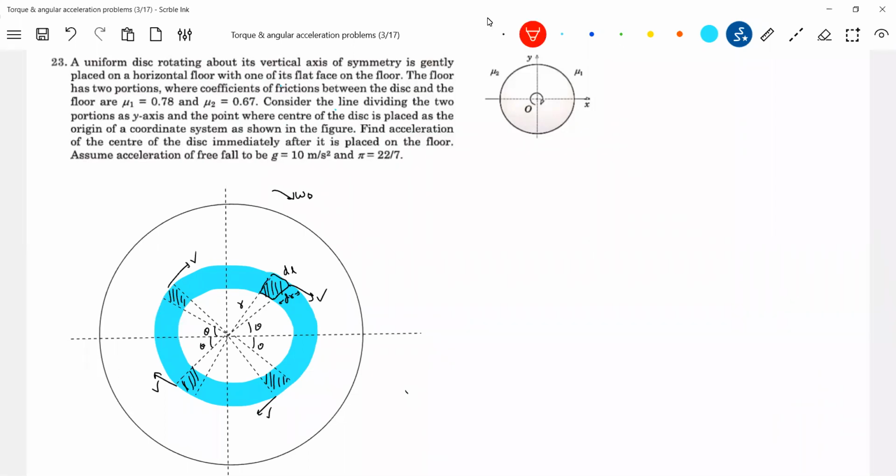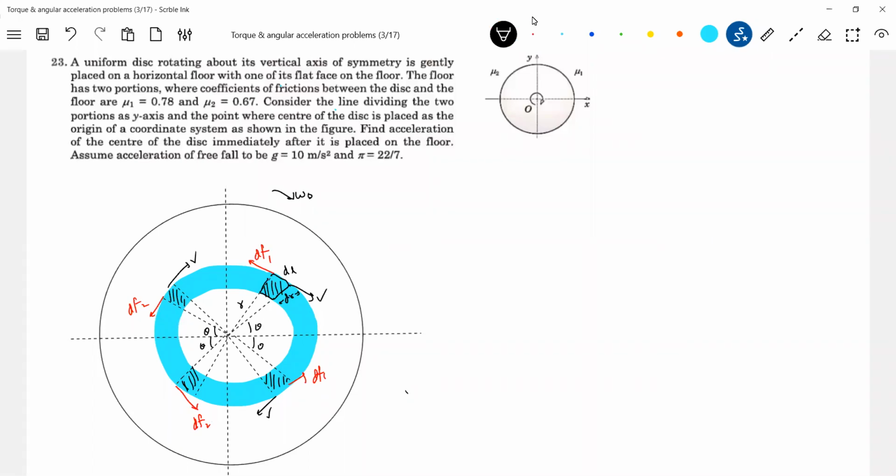How will the friction force act on this element? On the right hand side, I'll call that df1. Just show it opposite to the velocity here, because friction should oppose the relative motion, no?